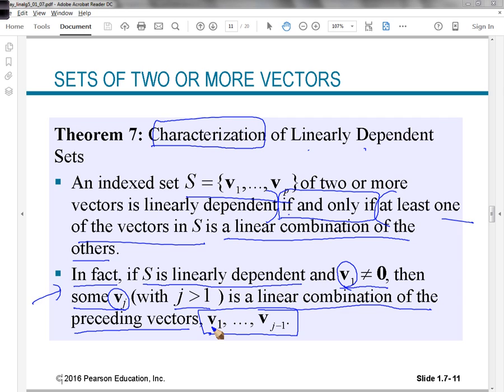And then we don't even need to look at the rest of the vectors to be able to say this is linearly dependent. Okay? So that situation is mainly what the second part is about.